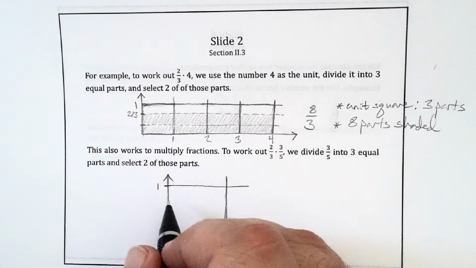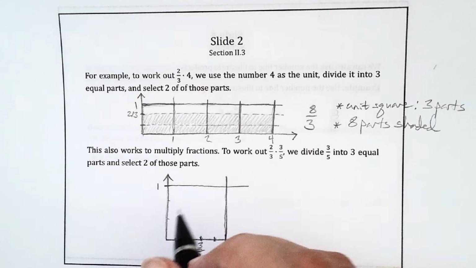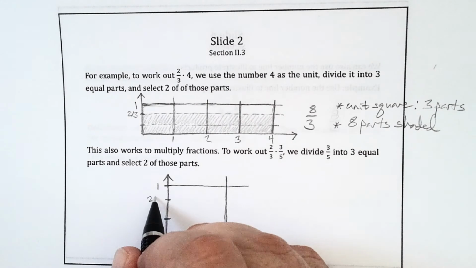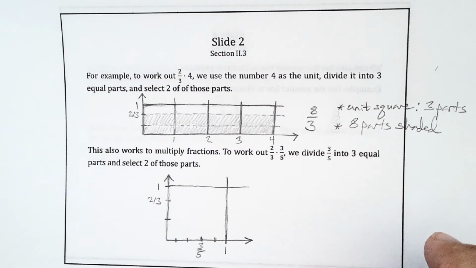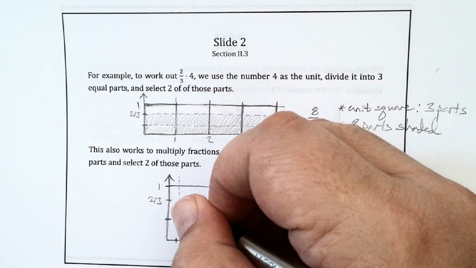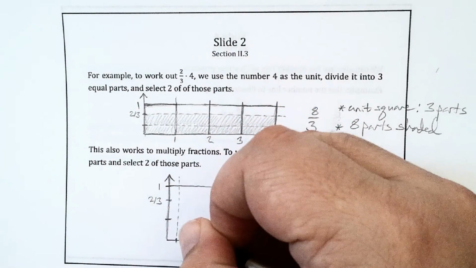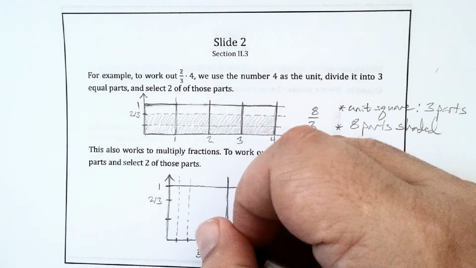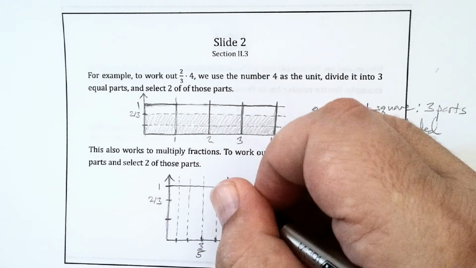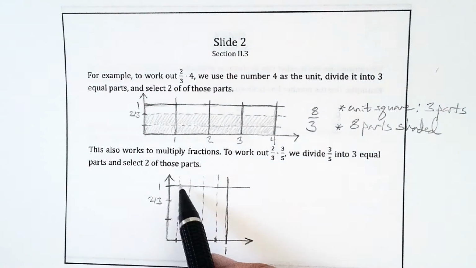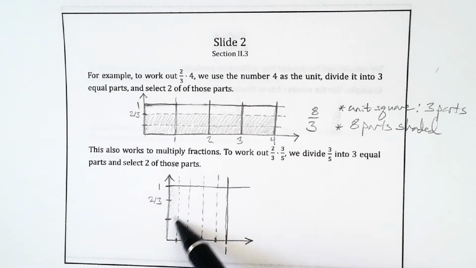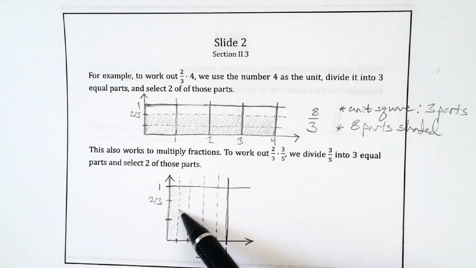And then I'm going to divide the vertical axis into thirds. And there's 2/3. Okay, and I extend the tick marks across. And I can see on here right now, 3/5 of a unit. I'll shade it in really lightly. So I don't want the whole thing shaded in right now.